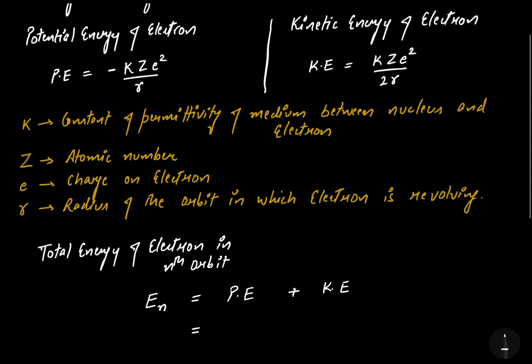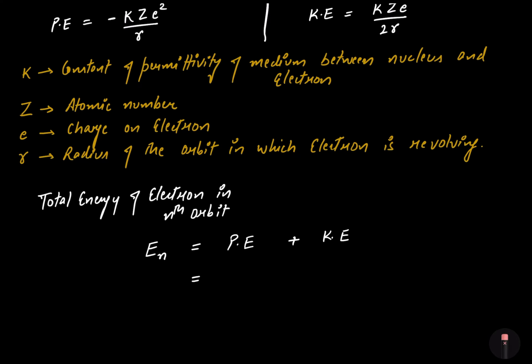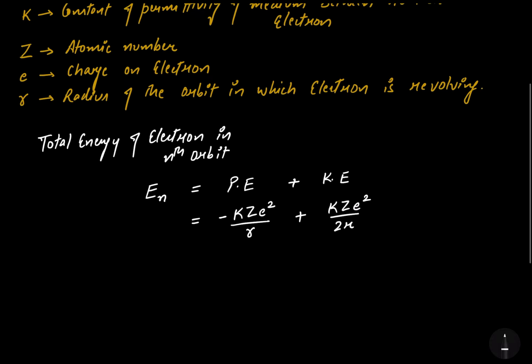I have just written down the formula. It's minus k z e square divided by small r. And what's the kinetic energy? It's k z e square divided by 2r. Now the total energy comes out to be minus k z e square divided by 2r. So that's the total energy of electron in the nth orbit.